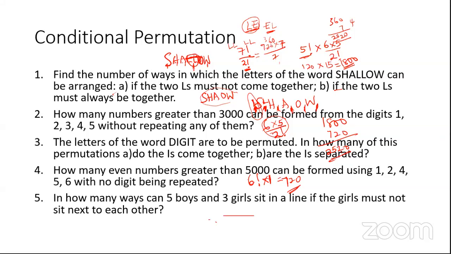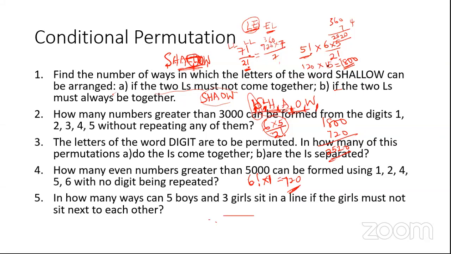So you can see now I've used two different concepts. That's why I said you can use it in two ways. If I've done this one first, I may say the answer of the second one is 2520 minus 1,800, which will give me 720. I don't need to use this principle again. If I use this principle for they must be together, if I have done that first, I don't need to use this principle again for they must be separated.